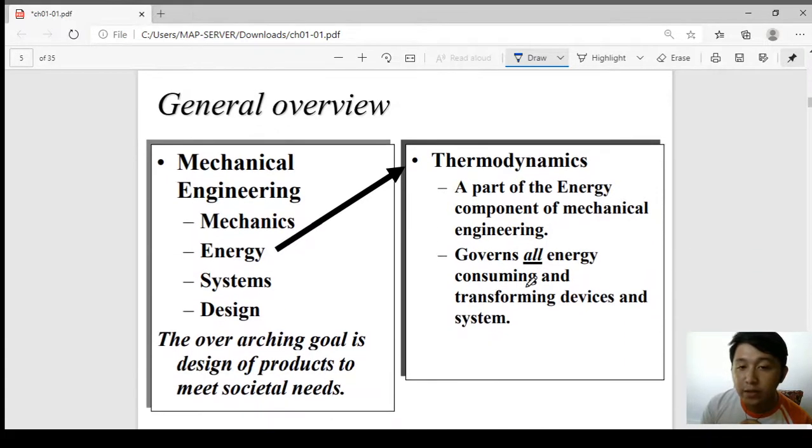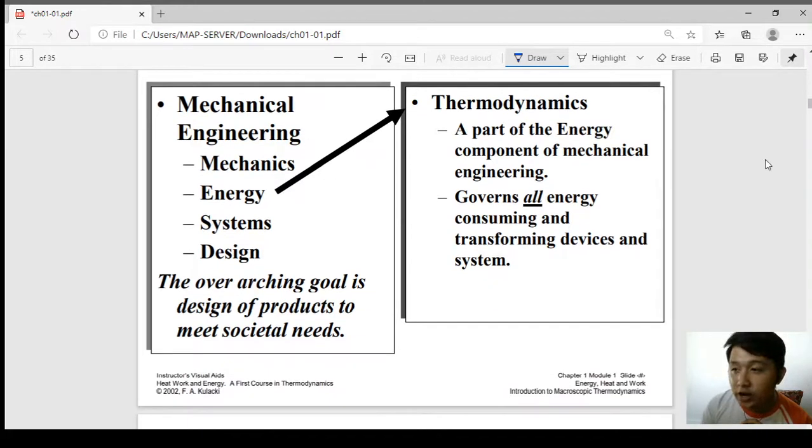So before we go into thermodynamics, let's have a general overview kung unsa ang thermodynamics sa mechanical engineering. So now we are mechanical engineering students, so we study these four components: ang mechanics, energy, systems, and design. We know that mechanical engineering is a branch of engineering that focuses on mechanical systems.